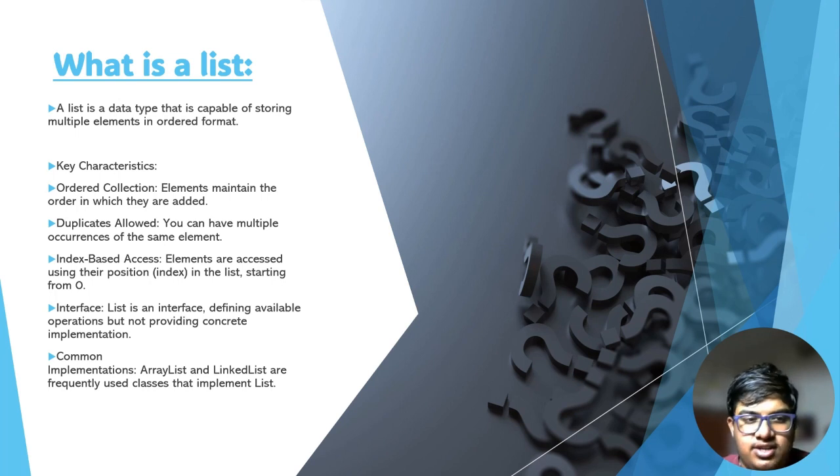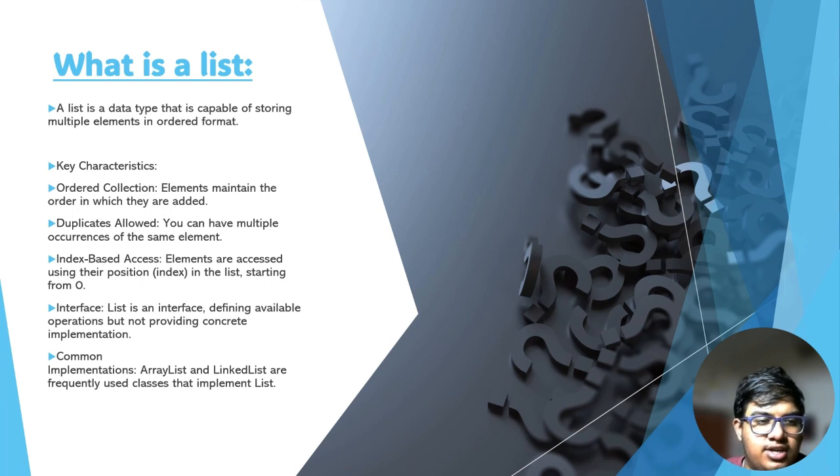Duplicates are allowed in lists, which means multiple elements of the same value can be there in a list without causing any problem. Index based, which I mentioned just now, where each and every block in a list is given a number ranging from 0 to n depending upon the size of the list.